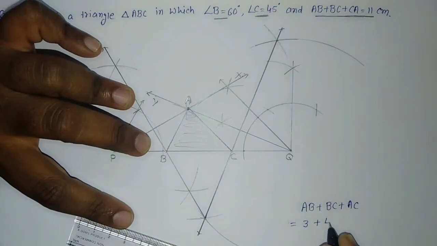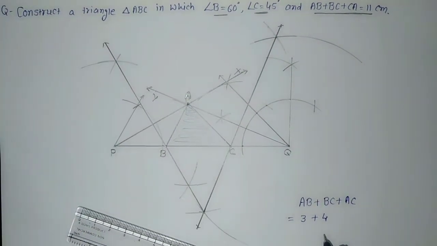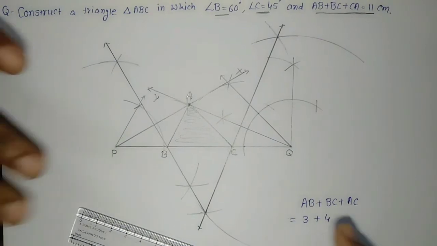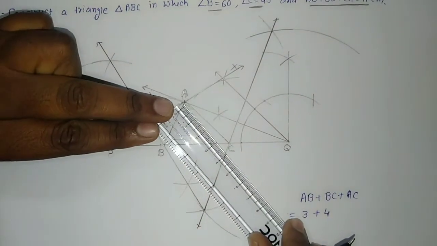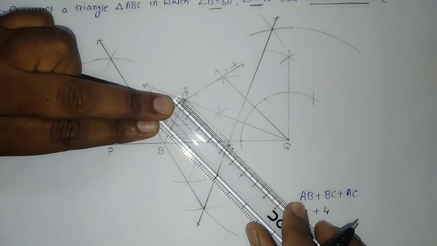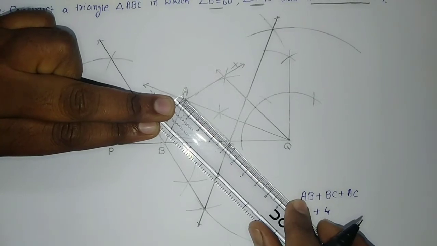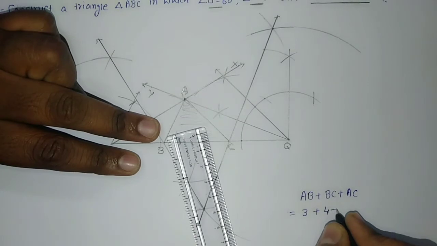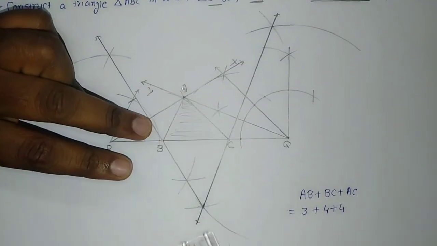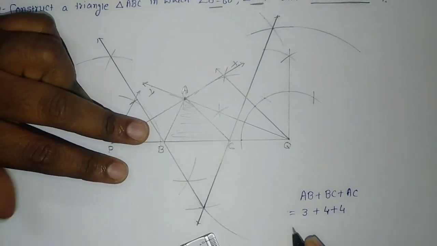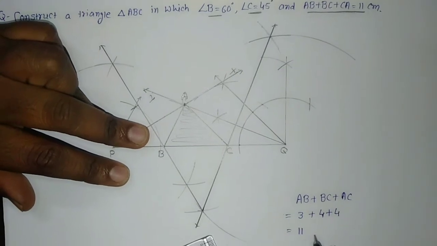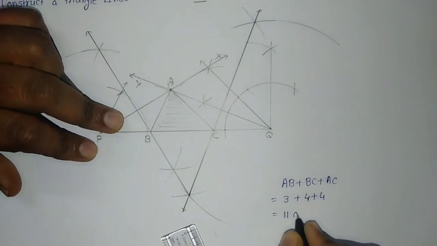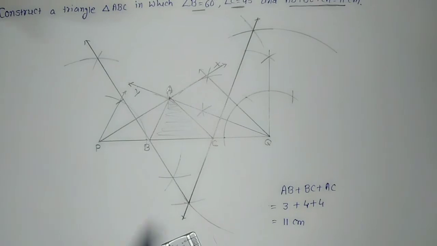AB 3, BC 4, and AC, this AC is also 4 centimeter. You can see it is 4 centimeter, this one. So AC is 4, plus 4 is 8, plus 3 is equal to 11. So AB plus BC plus AC is equal to 11 centimeter. What we get in this triangle ABC.